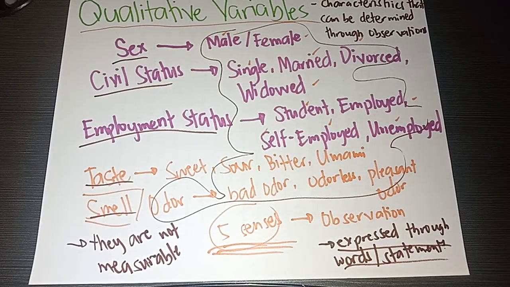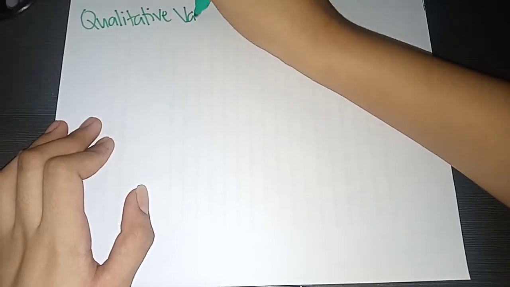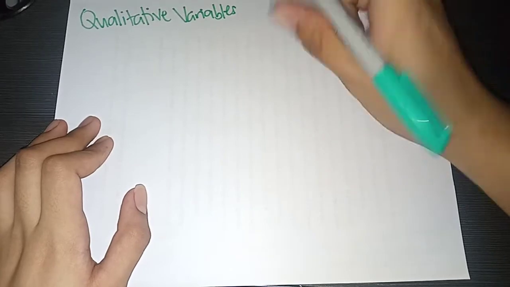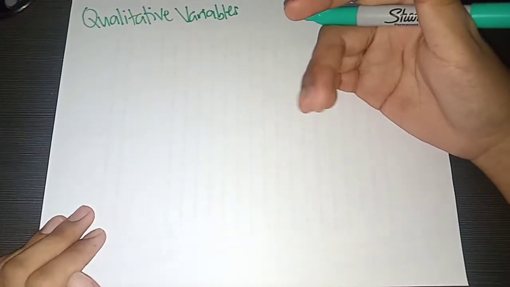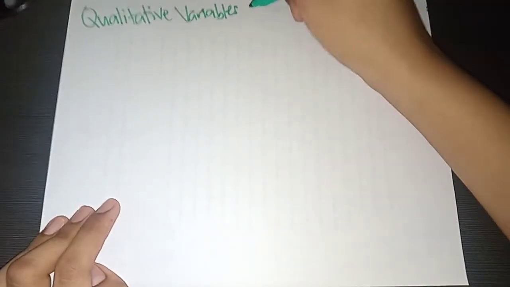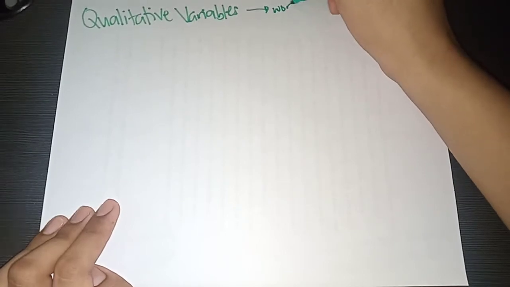However, in continuing our discussion about qualitative variables, there is still a misconception dealing with qualitative variables. And what is that misconception? Earlier we said qualitative variables are those variables that are expressed through words.